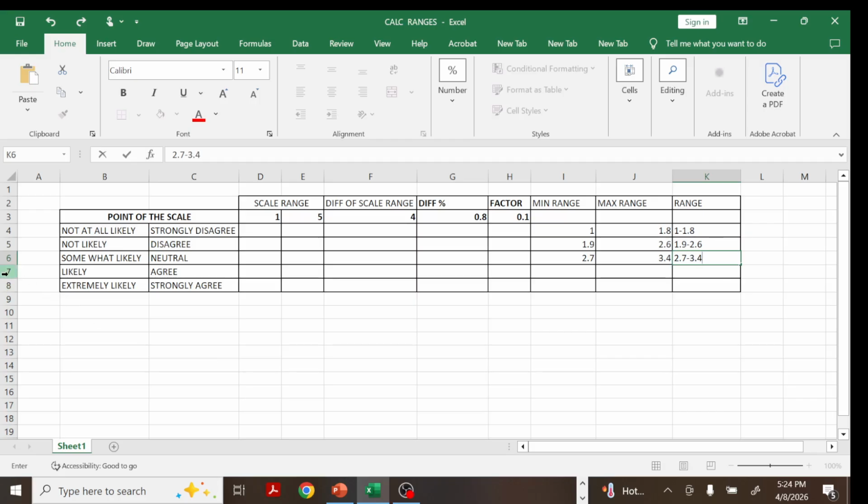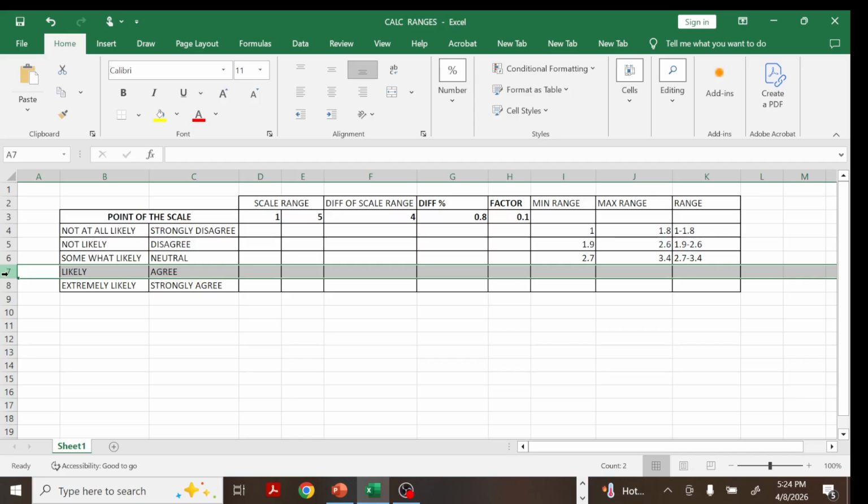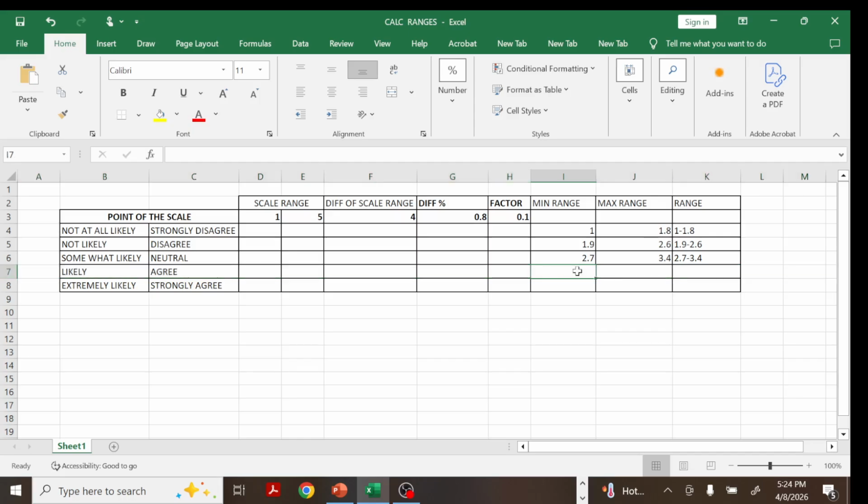Then you come to likely or agree. The minimum here is the maximum of the previous plus the factor, which is 0.1, and the maximum is the maximum of the previous plus the difference percent. So here you have 3.5 to 4.2.